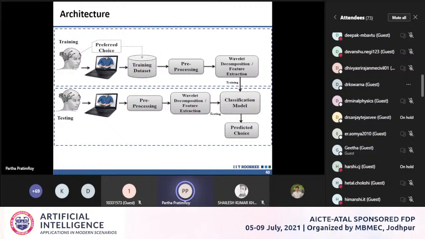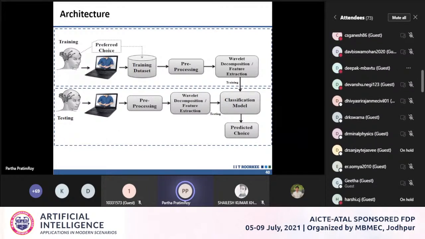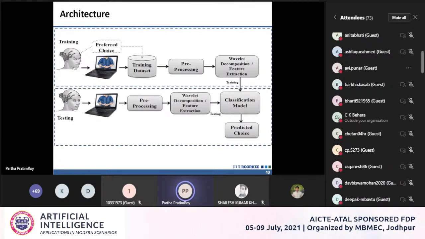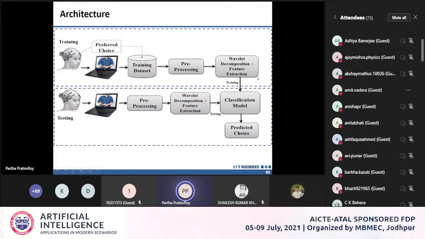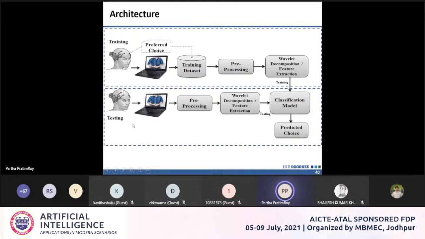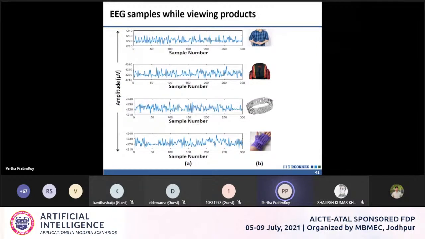This is a supervised machine learning algorithm, like what I discussed with age and gender. We extract some features, build classification models, and later, given a new signal, I can tell you whether the person is really interested or not. Very simple.